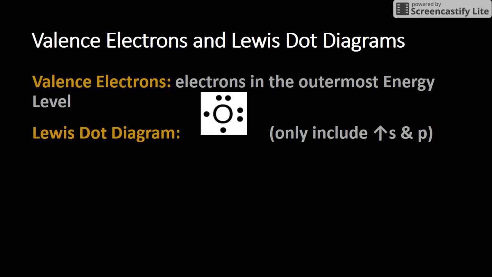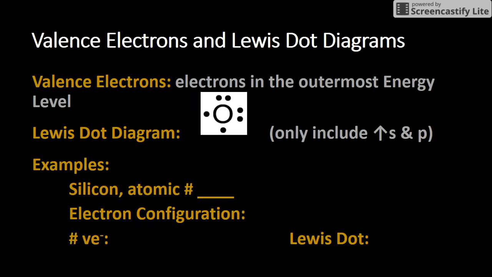So valence electrons are in the outermost energy level. In Lewis dot diagrams, we only show the s and p electrons of the highest energy level. You also know from the periodic table how many valence electrons each element will have based on what group it's in. Group 1 will have 1, group 2 will have 2. We're calling the transition metals 1 or 2. But anyway, here's an example.